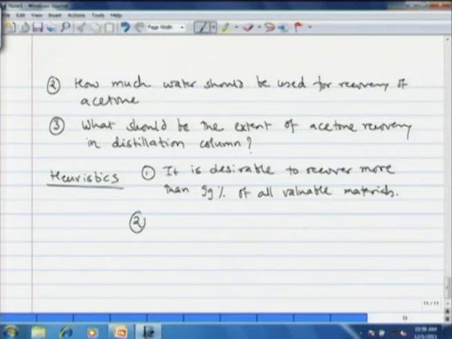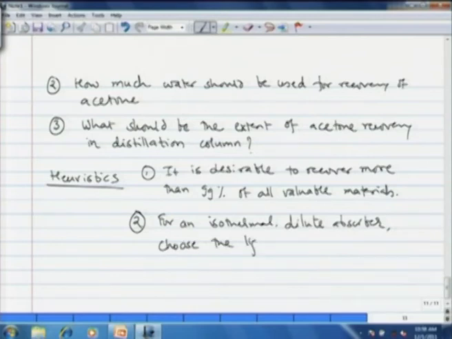And the second heuristic that we are going to use is that for an isothermal and dilute absorber, choose the liquid flow rate L in mole per hour. This is very important.